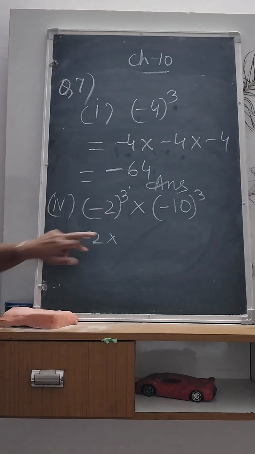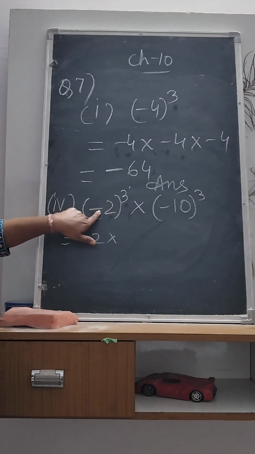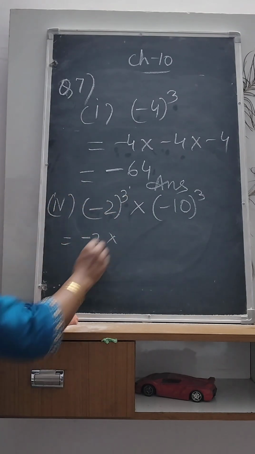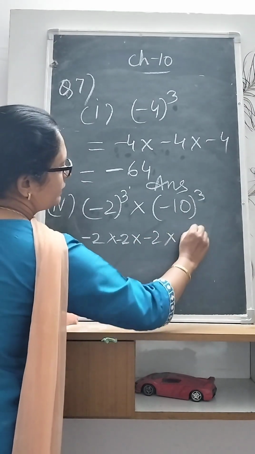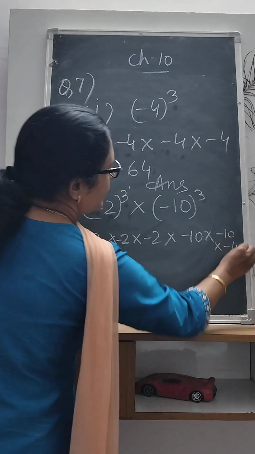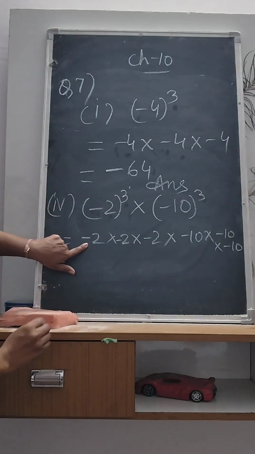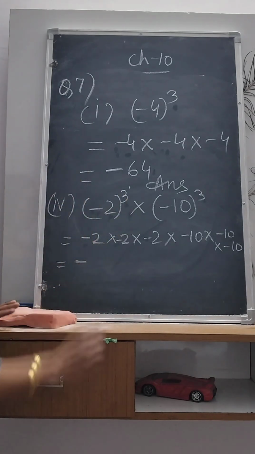Again, in this part, minus is coming how many times? 3 times, odd times. It means when you multiply minus 3 times, you will get a negative answer. Here also you will get negative, and in the last you will get positive. Now here minus 2, power 3, it is an odd number, so the answer would be negative.